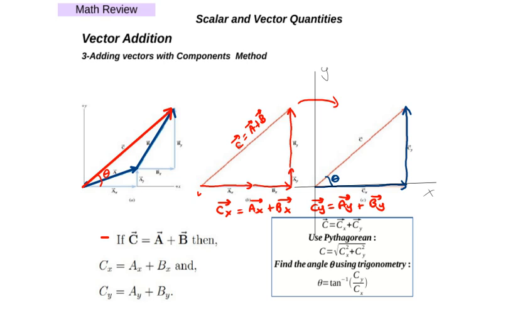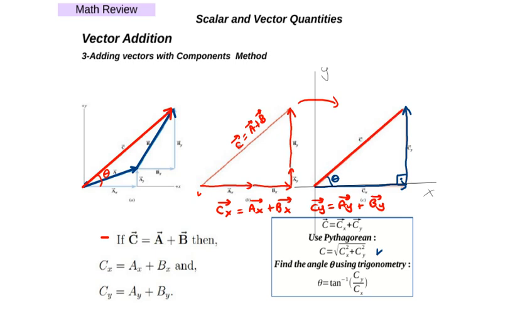Then I can find my C. After knowing CX and CY, I can find my C using Pythagorean. Because look here, I have a right triangle, and I can use Pythagorean to find C.